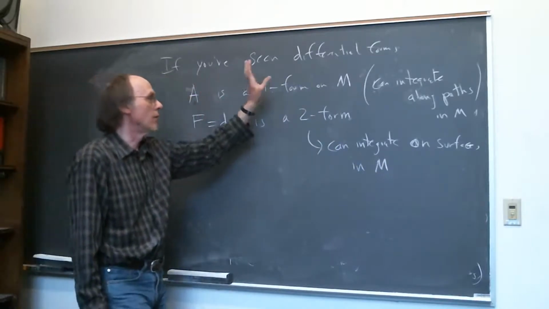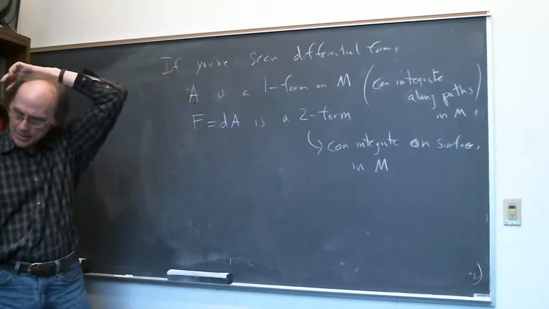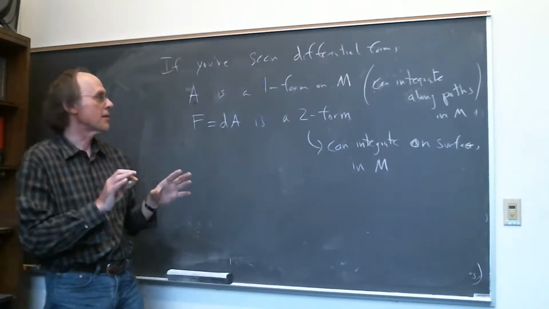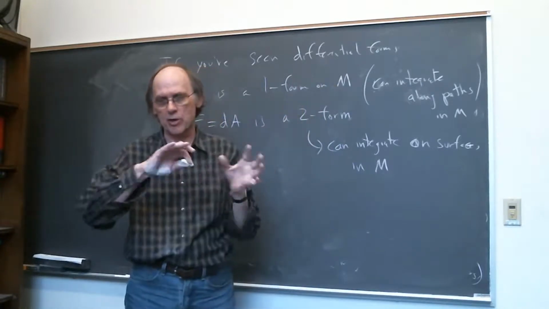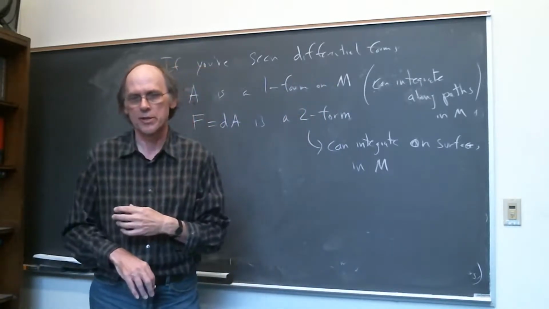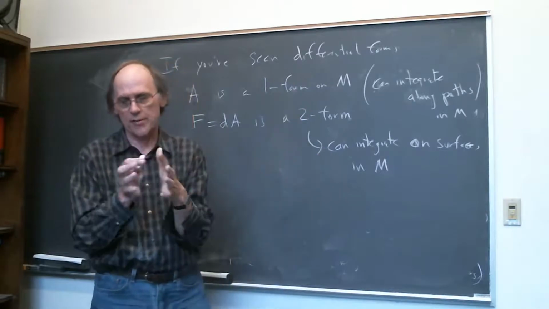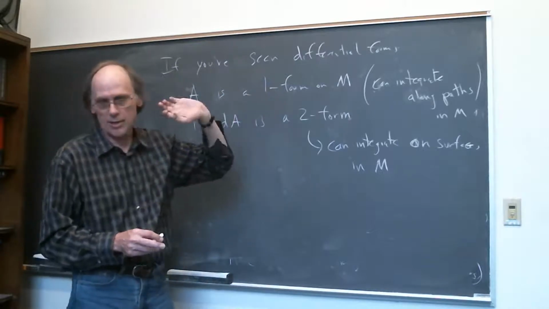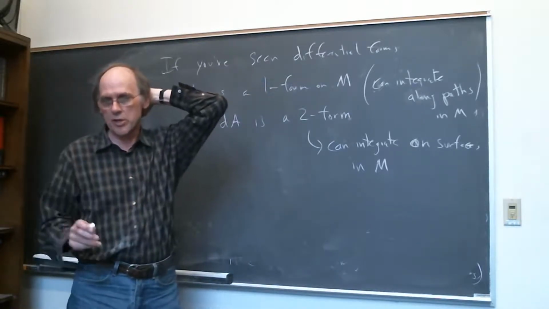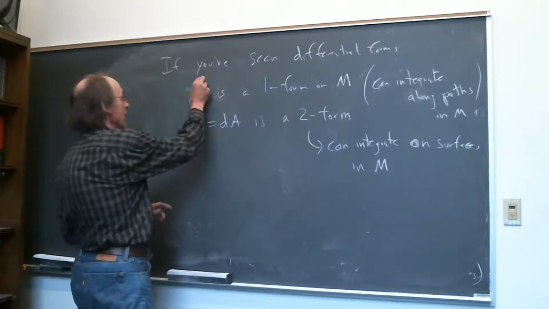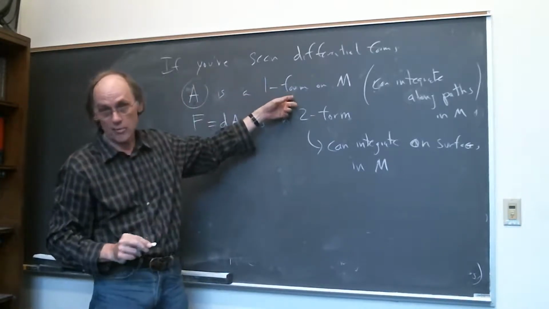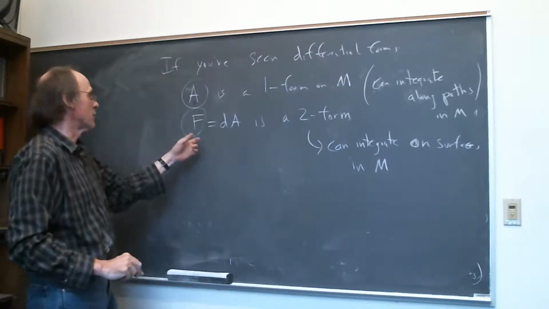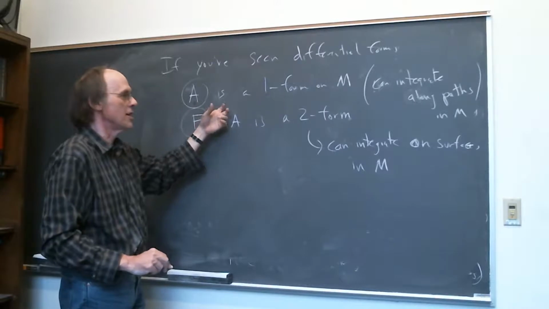So the whole idea of differential forms is that these are things which behave nicely geometrically, independent of which coordinates you choose. I've written down formulas for A and formulas for F which depend upon my choice of coordinates. But if you want to be a real geometer and do things in a coordinate invariant way, there's a coordinate invariant way of thinking about vector potentials: a one form, and about field strengths, which is just dA.